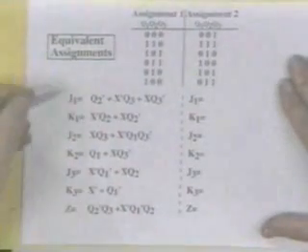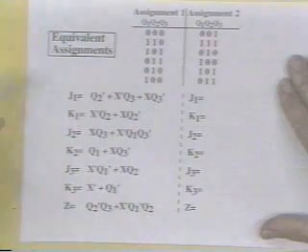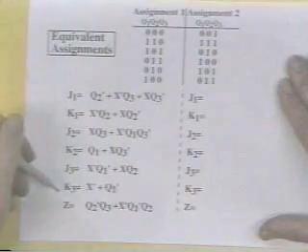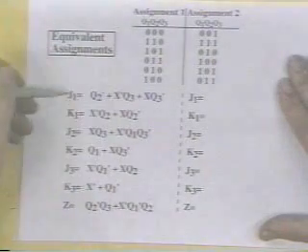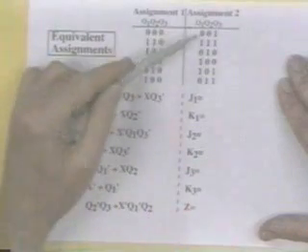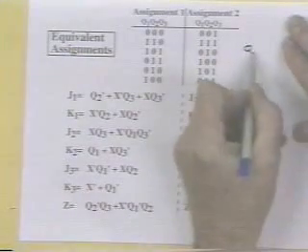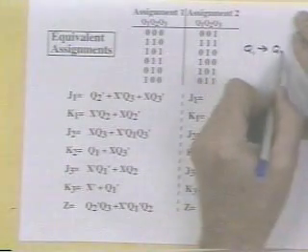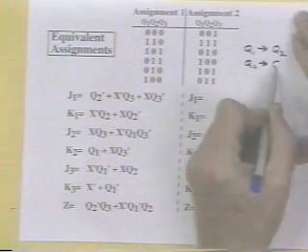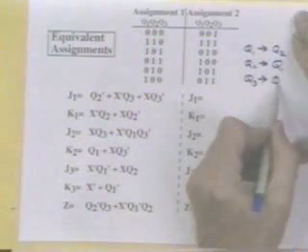So now, we're going to apply the equivalent assignments here to show that we'd end up with the same type of equations for the J's and K's. So here's the assignment we started with, and we derived these equations. Now, for assignment number 2, remember Q1 is replaced with Q2, and Q2 is replaced with Q1, and Q3 is replaced with its complement.